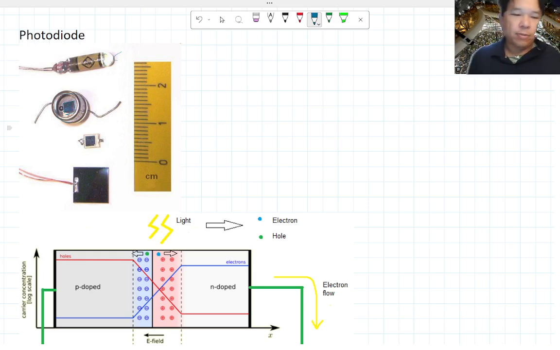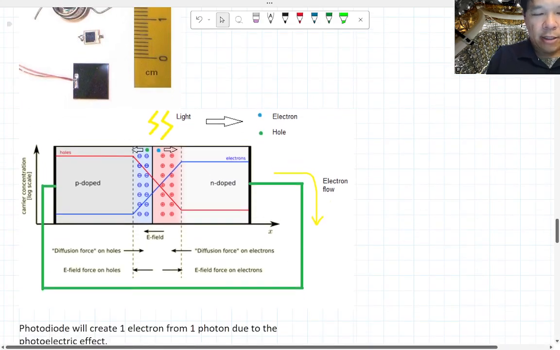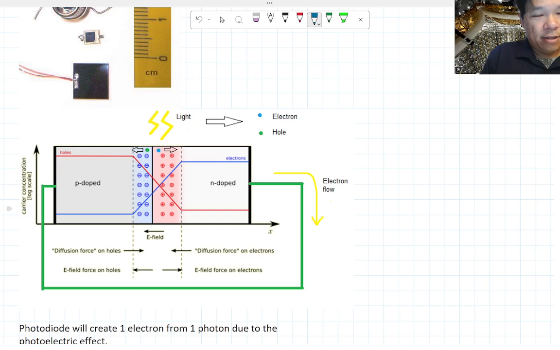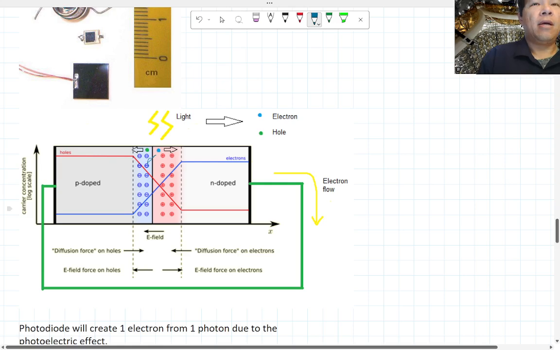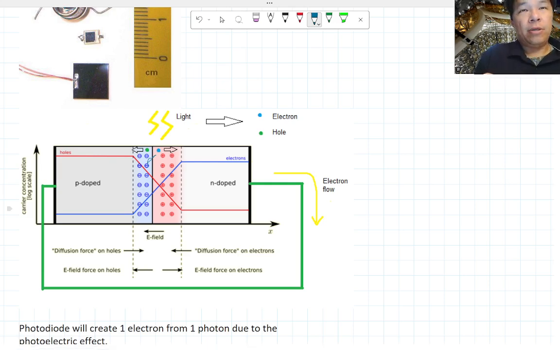Black things absorb light. The way this works is that when a photon hits the depletion region, it has to hit that. Through the photoelectric effect, it basically generates an electron inside your depletion region, and this electron is free to move because it's not bound to any atoms. So that creates a current.